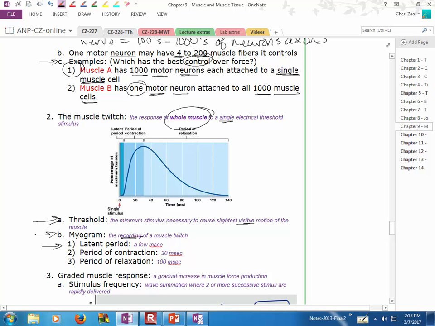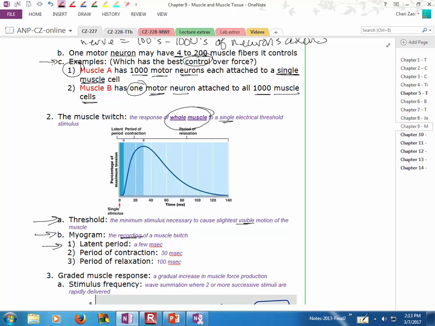The zapping takes the place of the acetylcholine release into the synaptic cleft. You follow me? Because when acetylcholine is released into the synaptic cleft, it binds to the receptors, opens the sodium gates, and sodium enters the cell. Sodium entering the cell is like an electrical current. So when we zap it, that replaces the whole acetylcholine sodium entry process.